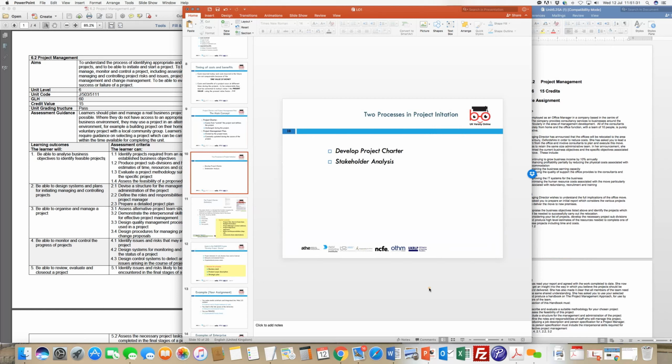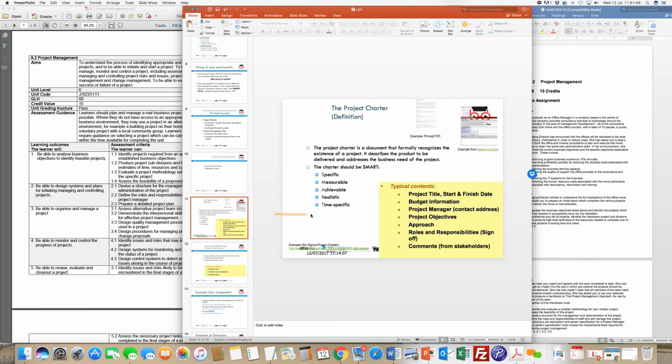Stakeholders could be employees, shareholders, management, or suppliers. There are different forms of stakeholders, but they play an essential role in the project, from initiation till completion. We look at some of these stakeholders and their roles and responsibilities in the specific slides going forward.